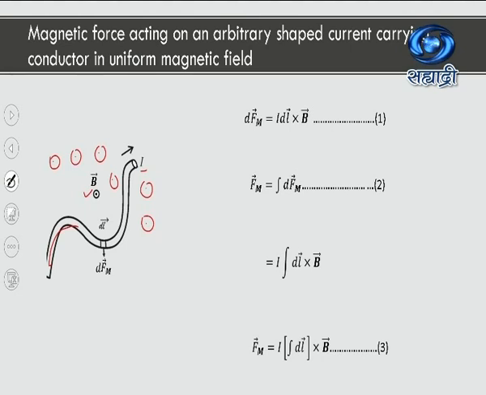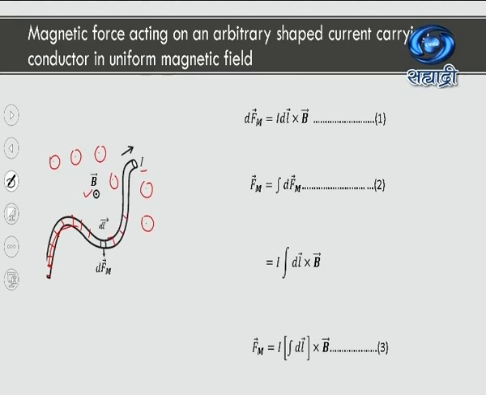It is not as simple as what we studied in the previous article. One cannot directly use that to find this. So what we can do is divide this wire into n number of small segments of length dl.